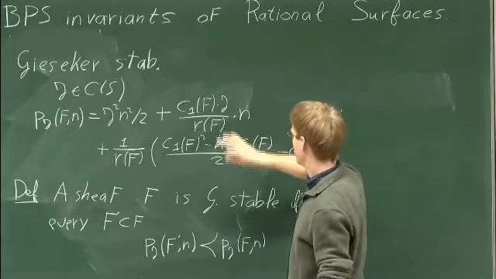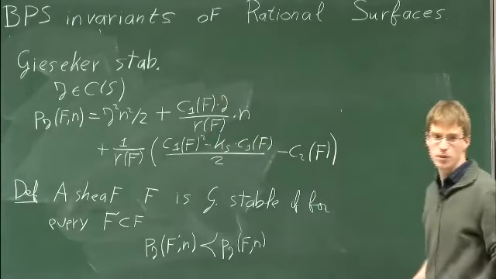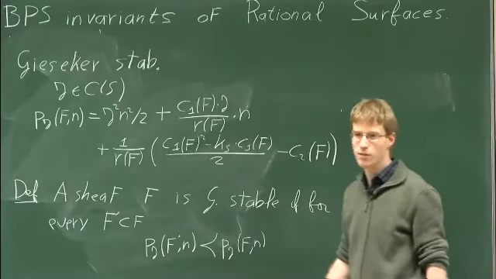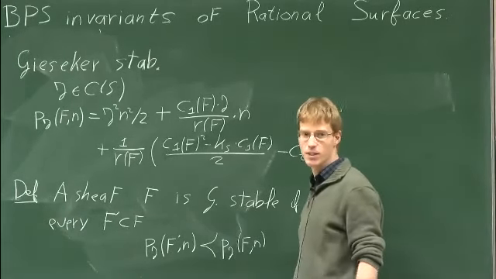If they happen to be equal, then you compare the zeroth power in N. So therefore it's a refinement of the mu stability.